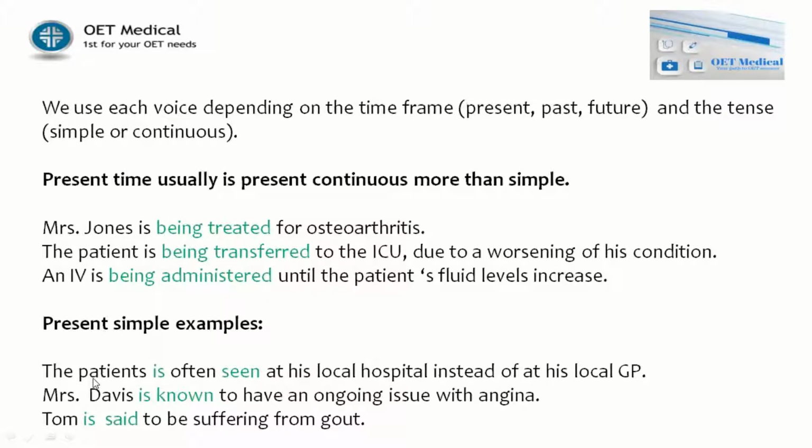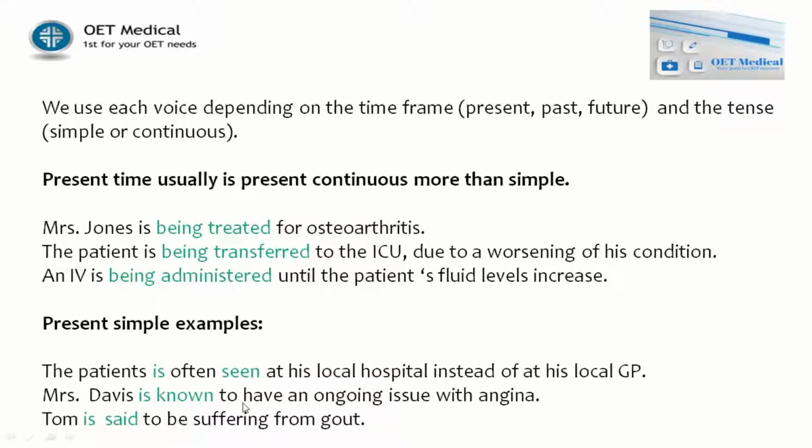Present simple. Oh, that should say patient. The patient is often seen at his local hospital instead of at his local GP. So, to be, past participle. Mrs. Davis is known to have an ongoing issue with angina. Verb to be, past participle.